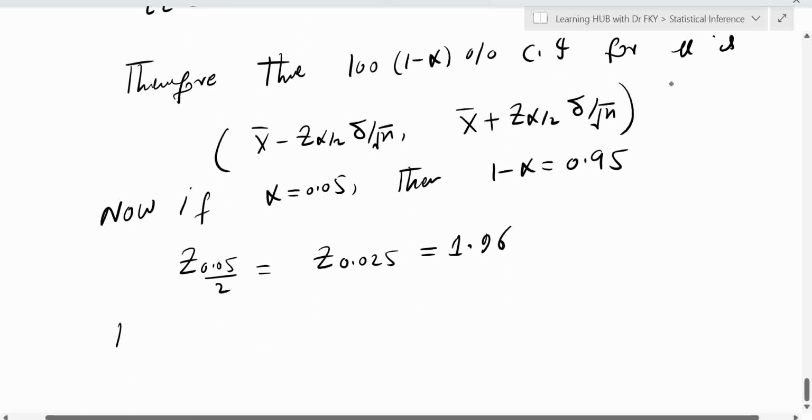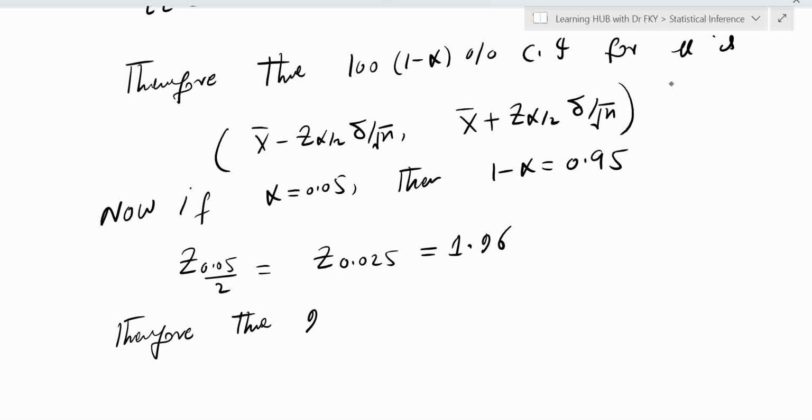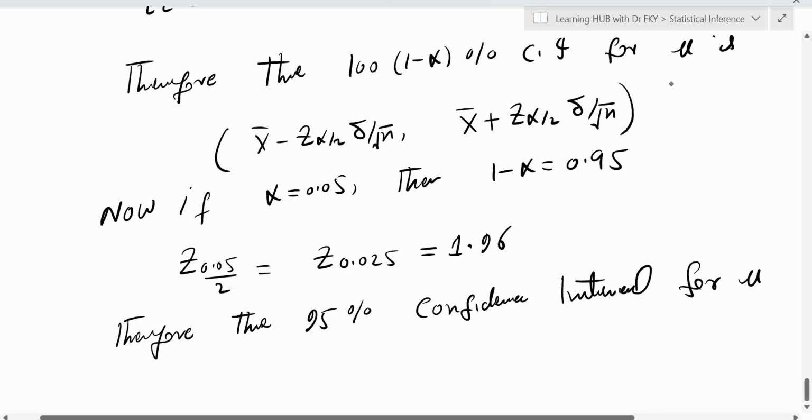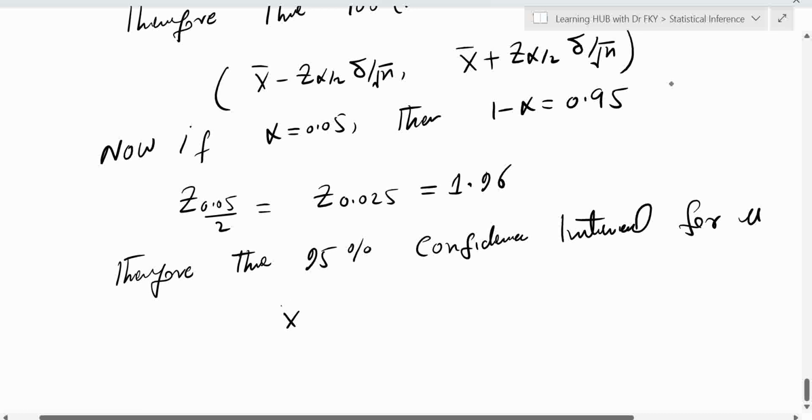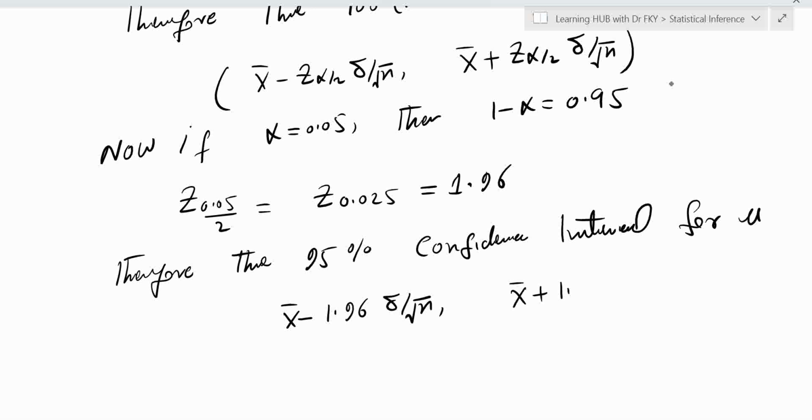So therefore, the 95% confidence interval for mu when sigma is known is x bar minus 1.96 sigma divided by square root of n to x bar plus 1.96 sigma divided by square root of n.